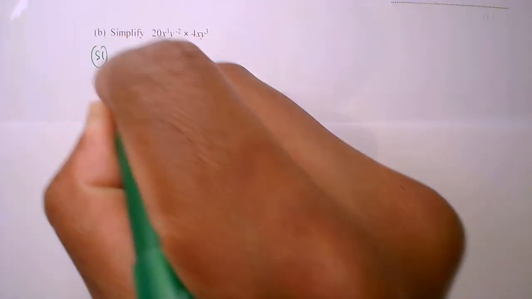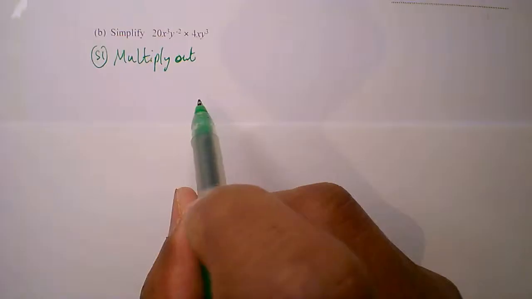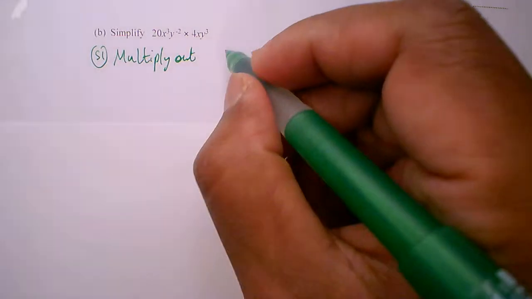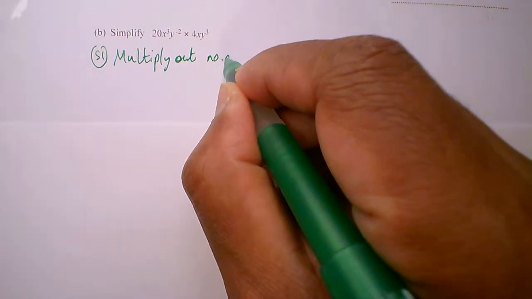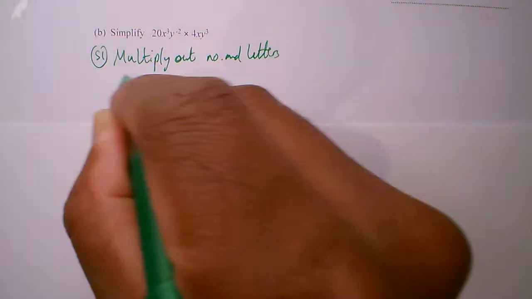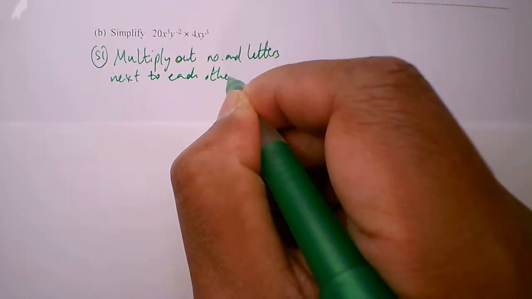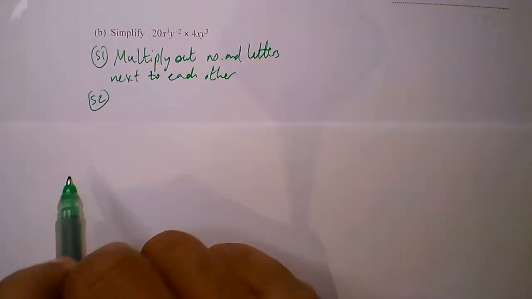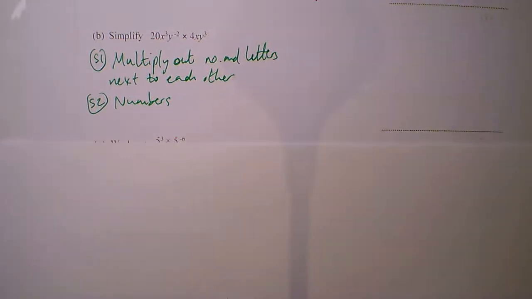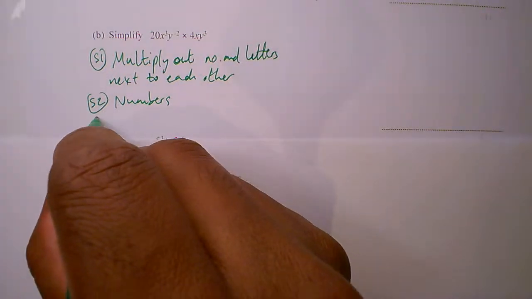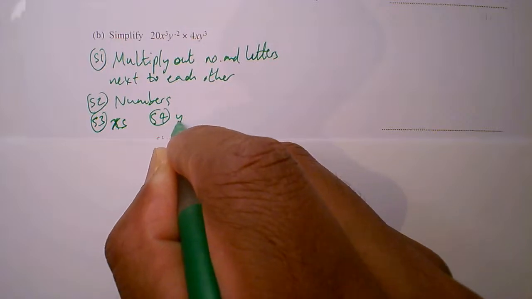So step 1, I'm going to multiply everything out, putting the numbers and letters next to each other. Step 2, I'm going to work on the numbers. Step 3, I'm going to be working on the x's. And then step 4, I'm going to be working on the y's.